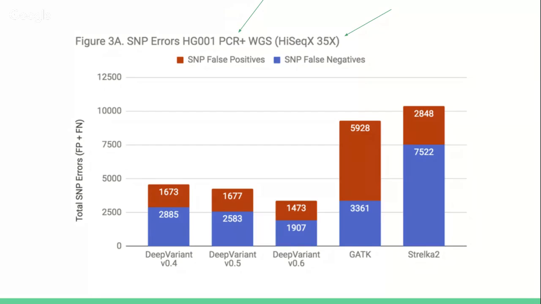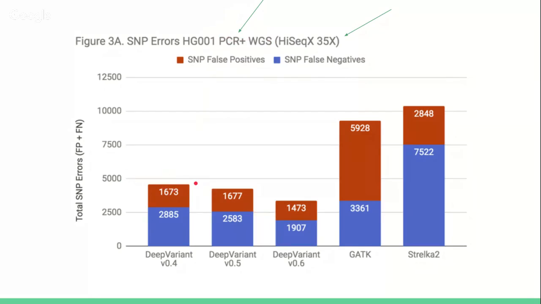Because if you do a PCR amplification in the PCR plus method, the polymerase introduces errors in the sample, and these errors are then picked up by the sequencer and shown to the next tool, the aligner and the variant caller. And so being able to reliably call variants on a PCR plus method, which is more convenient for many applications where you don't have enough DNA to do PCR-free sample prep, then it shows an advantage.